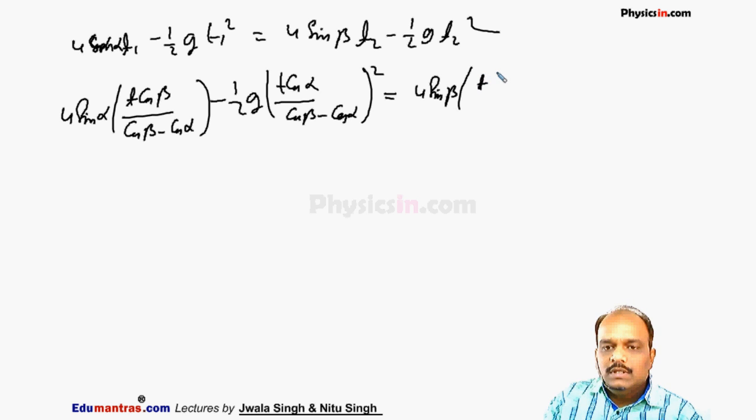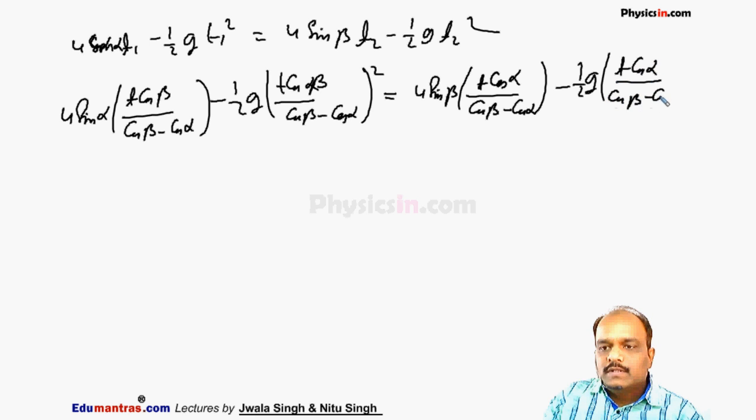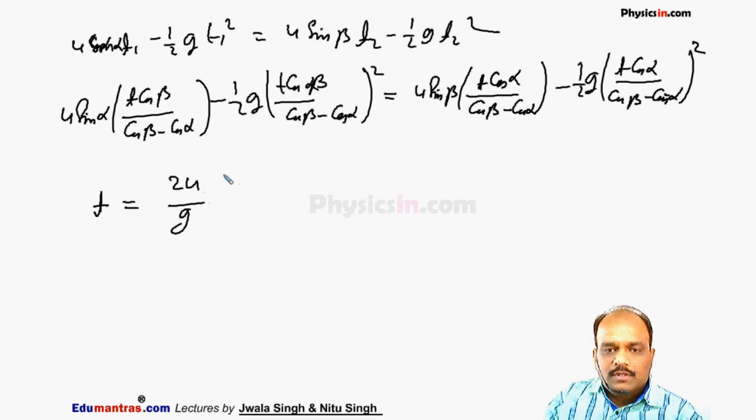We know t2 is equal to t cos alpha divided by cos beta minus cos alpha, minus half g t2 square, meaning (t cos alpha divided by cos beta minus cos alpha) whole square. After solving this, we get t equal to 2u by g into sin of (alpha minus beta) by 2, whole divided by cos of (alpha plus beta) by 2.